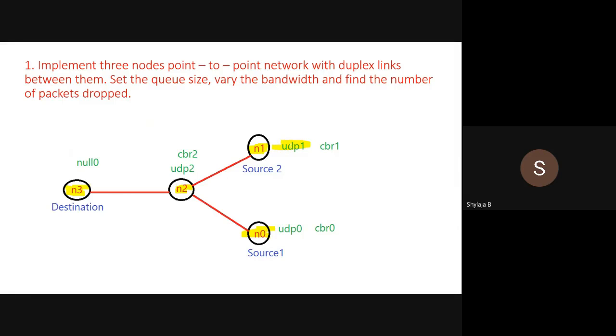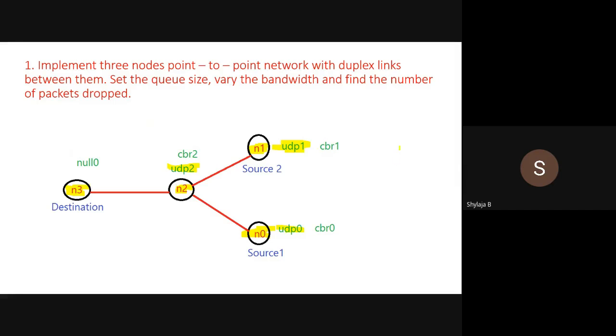That's why for N1, we are creating a UDP agent named UDP1, and for N0, we are creating UDP0. Similarly for N2, because this is also an intermediate node which forwards the information to the destination, we are creating UDP2.